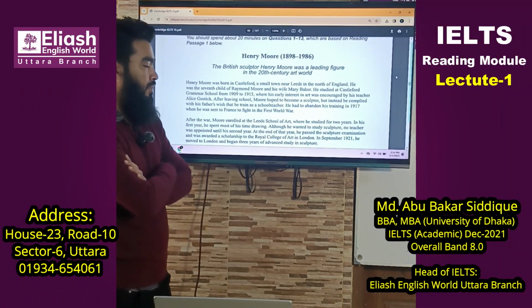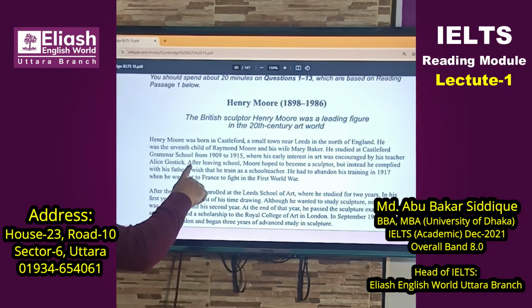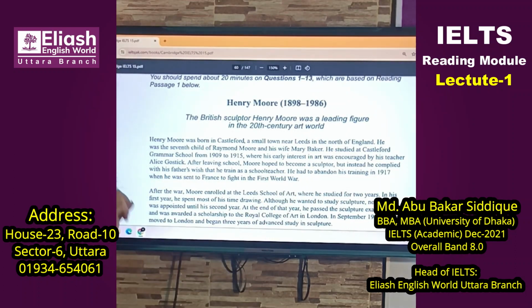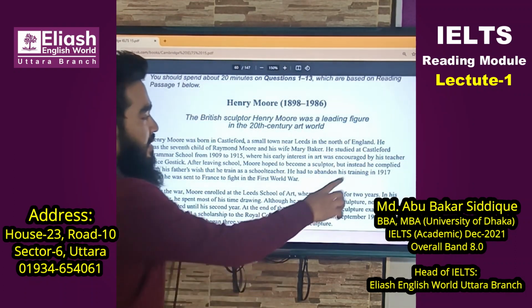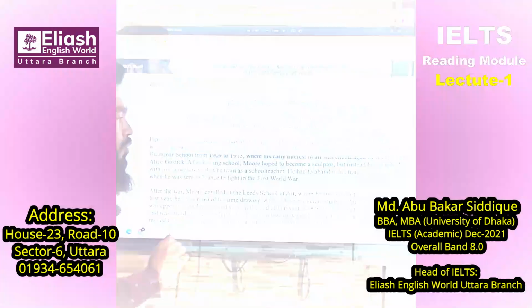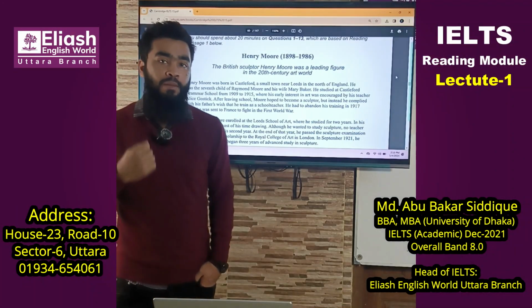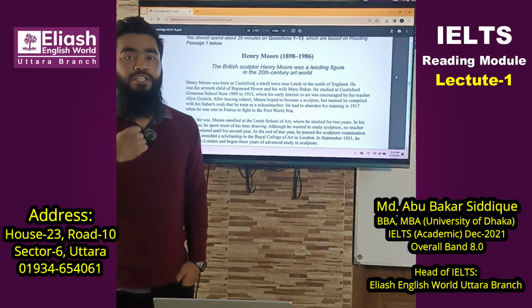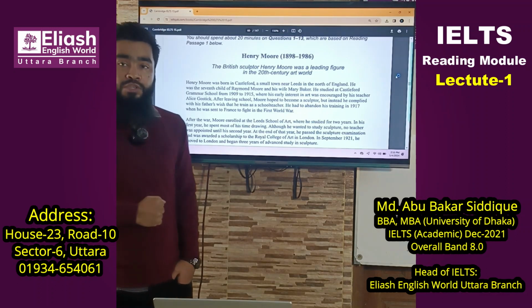If you look carefully, we got our first clue: Moore and his father. From here, after leaving school, Moore hoped to become a sculptor. It was his original wish, but instead he complied with his father's wish that he train as a school teacher. So Moore initially wanted to be a sculptor, but he complied, which means he agreed with his father's decision to be a school teacher.